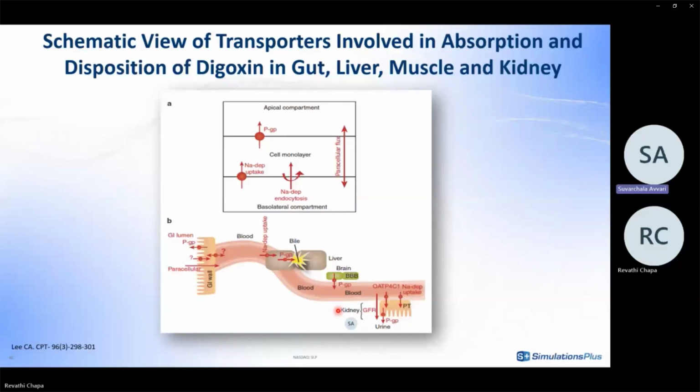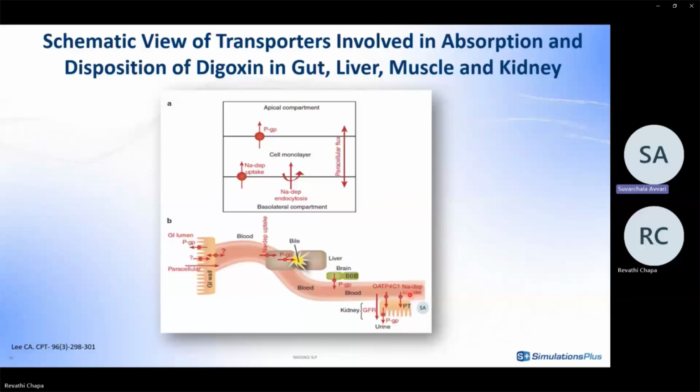When it comes to biliary excretion, it involves the hepatic uptake via a sodium dependent transport process based on the in vitro data, and then the subsequent PGP canalicular excretion into bile. The hepatic uptake of digoxin was believed to be mediated by OATP, but we don't have any data available in the human study, but the study was conducted in rat hepatocytes.